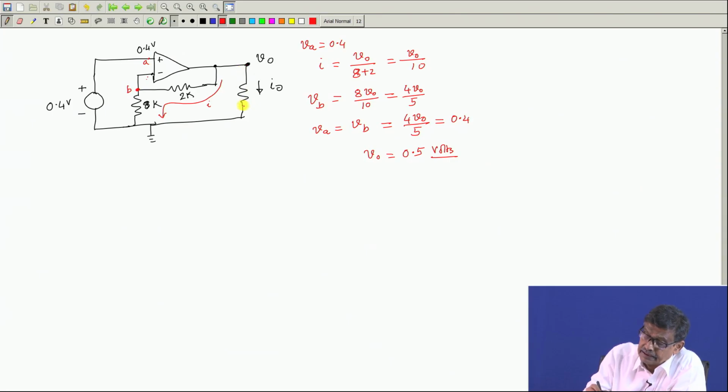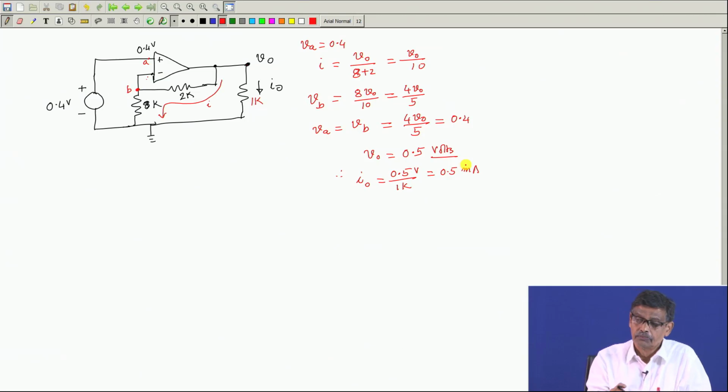So, at the output you will get 0.5 volt, and if you have terminated this output by some resistance, say 1 k here, then I will say this I naught will be 0.5 volts divided by 1 k. So, this will be 0.5 milliampere. How fast you can solve it, you must understand, that is ideal op amp in any circuit with a negative feedback.